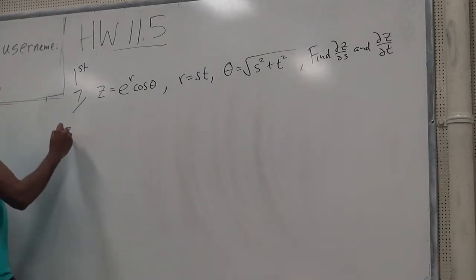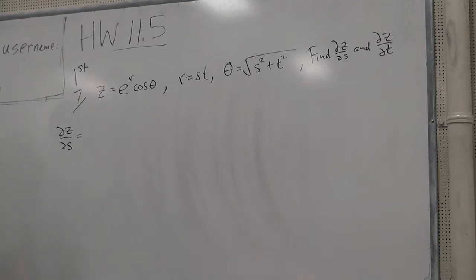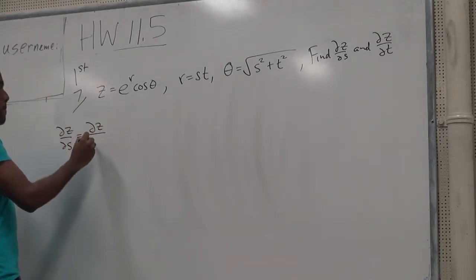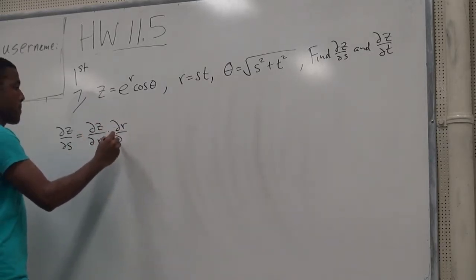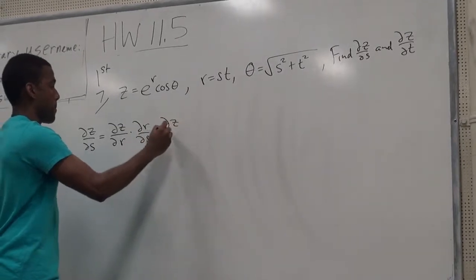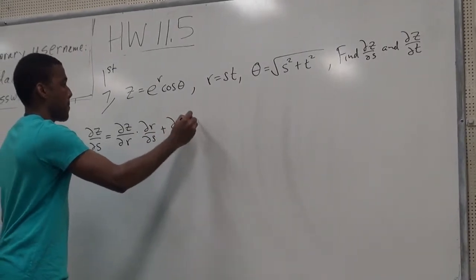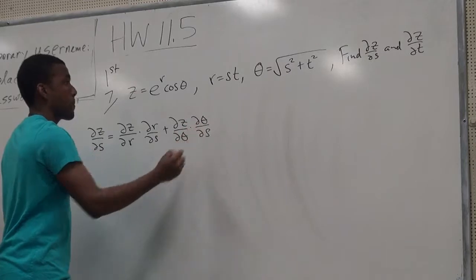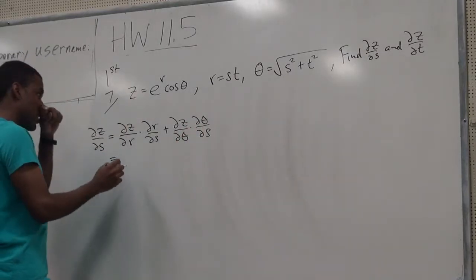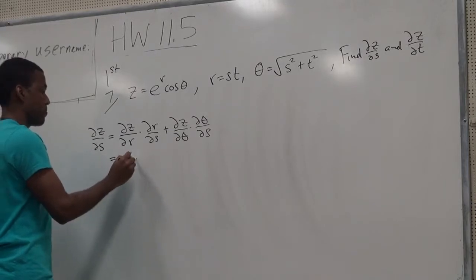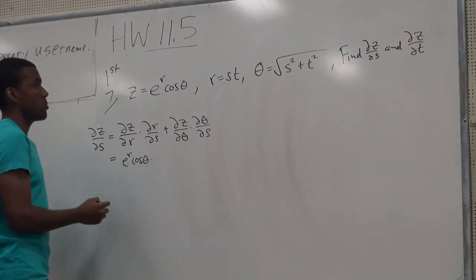Okay, how do we find partial z, partial s? Partial of z with respect to r times partial of r with respect to s, plus etc. So the partial of this with respect to r is e to the r cosine theta. And r with respect to s is just t.